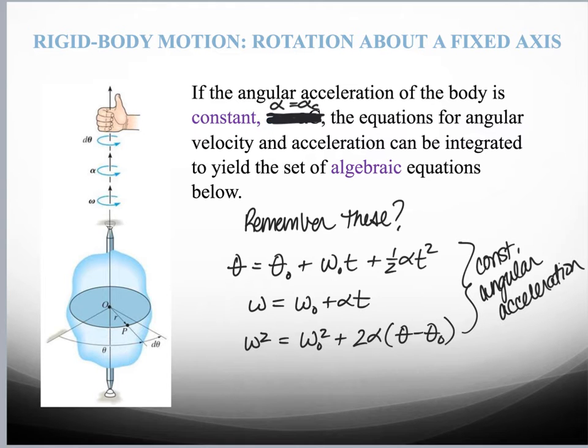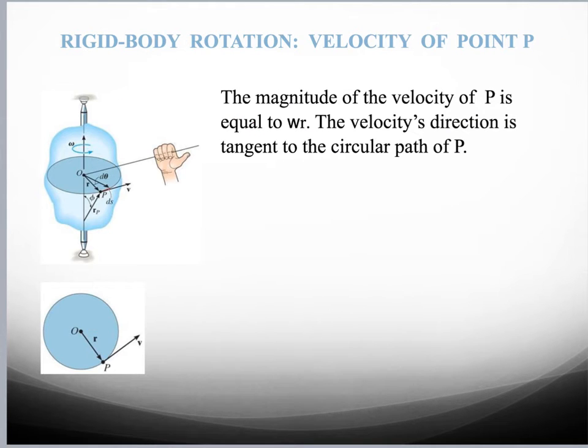So if we have our object rotating about an axis, and we look at a point on the edge of it, of course, not only will it be rotating with an angular velocity, that point is also going to have a tangential velocity. Now, we said that the magnitude of that is going to be equal to the angular velocity times the radius.